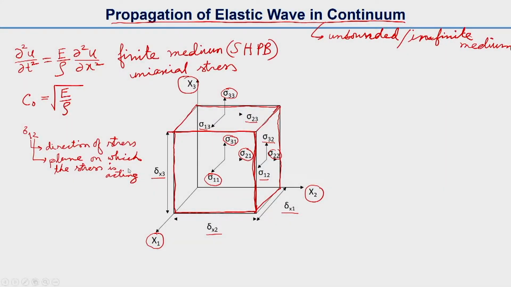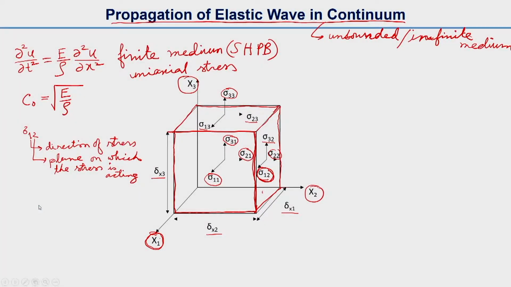So if you see here sigma 1 2, the direction of the stress is 1, along this x1 direction, and the second suffix gives us the plane. That means this plane is perpendicular to, or normal to, x2, so 2 is the second suffix.